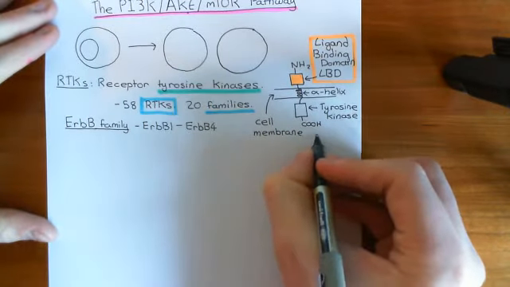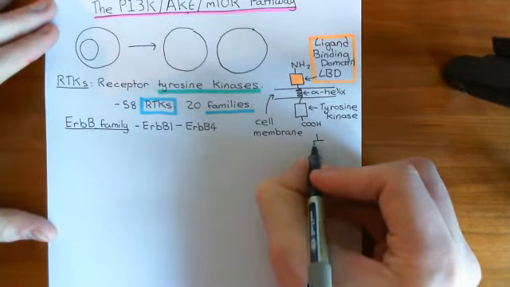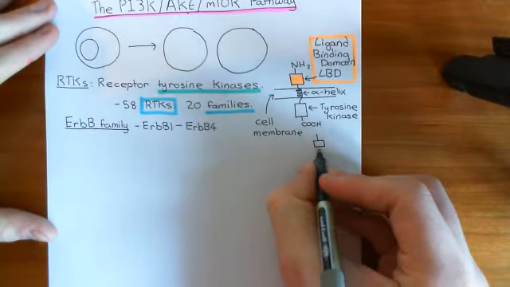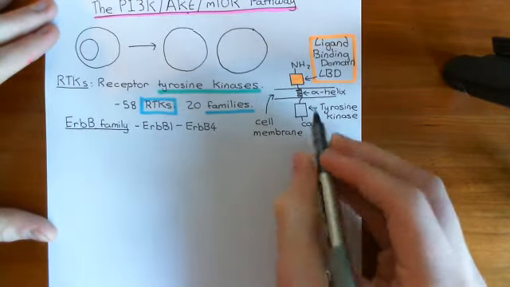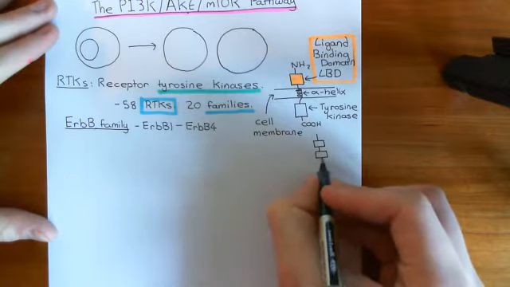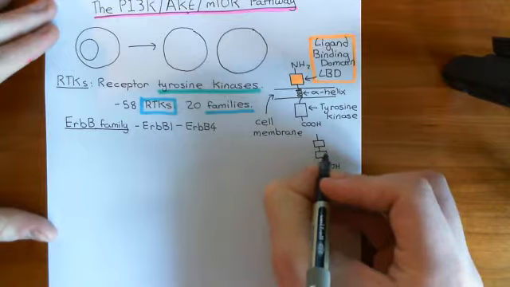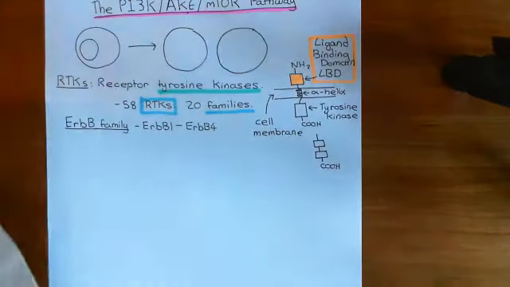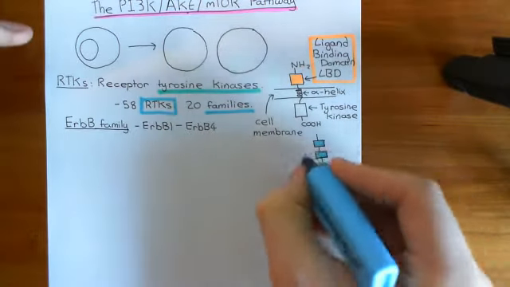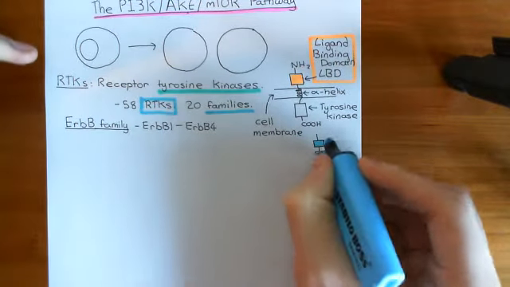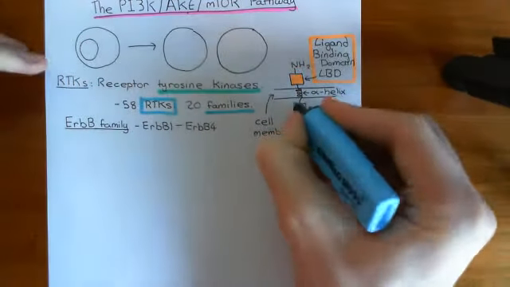However, some receptor tyrosine kinases, and it's not actually that uncommon, a lot of receptor tyrosine kinases do not have their tyrosine kinase domain produced by one continuous portion of the primary structure of the polypeptide. Instead, they'll have 2 portions of the primary structure that make the tyrosine kinase domain split like so. Then when it folds up into a 3-dimensional structure, these 2 halves of the split tyrosine kinase domain will be brought together.